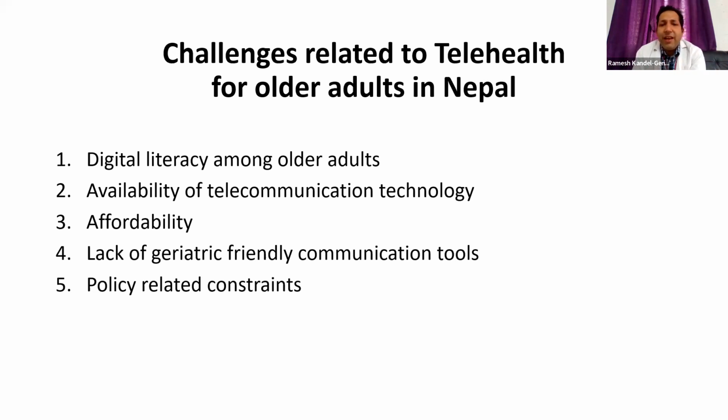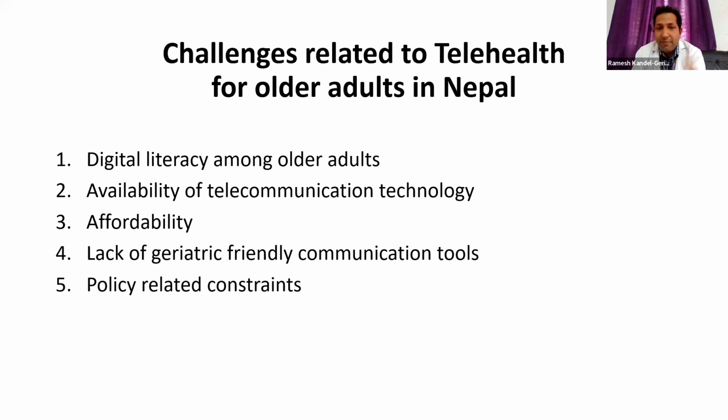Similarly, availability of telecommunication technology: if we get out of Kathmandu, we can say if we get out of Nagdunga, it's very difficult to get access to NTC, which is a prime telecommunication network in our country. So these are all usually urban centers. So what about the rural clients, people living in the rural areas of Nepal, whether the telecommunication technologies are available or not?